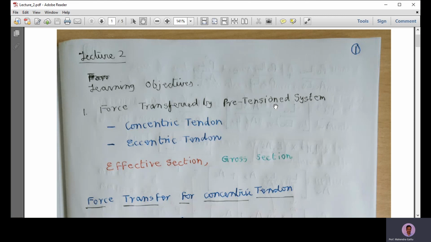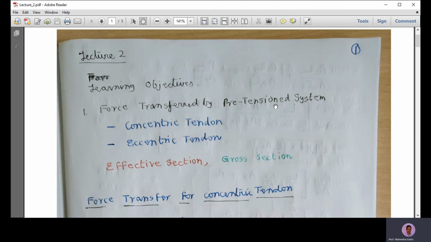After the concrete gains strength, we remove the stress from the hydraulic jack on the tendon. As a result, the tendon will try to shrink, and consequently the concrete also shrinks with it, and it will be in a state of compression.